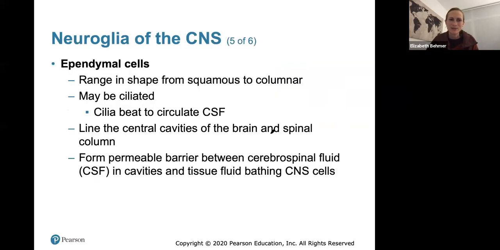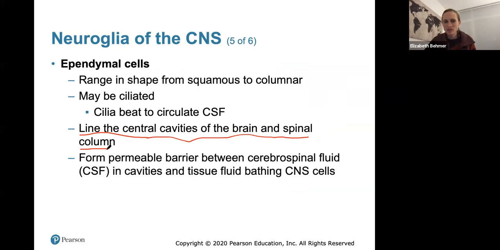And then the ependymal cell, this might be a test question, lines the central cavities of the brain and the spinal column. We all have ventricles, or spaces in the brain, that are filled with cerebrospinal fluid.